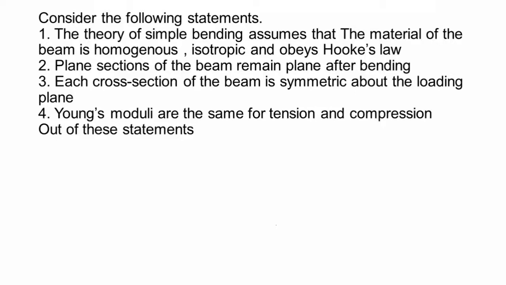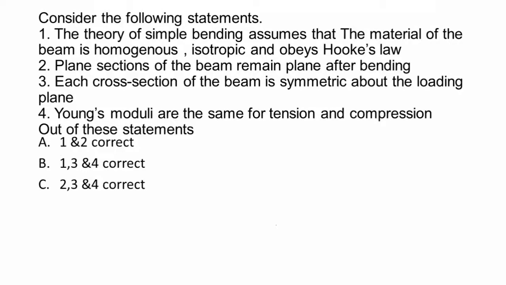Third statement, each cross section of the beam is symmetric about the loading plane. And fourth, Young's moduli are the same for tension and compression. Out of these statements, there are some options given. 1 and 2 is correct. 1, 3 and 4 are correct. 2, 3 and 4 are correct. 1, 2, 3 and 4 all are correct.